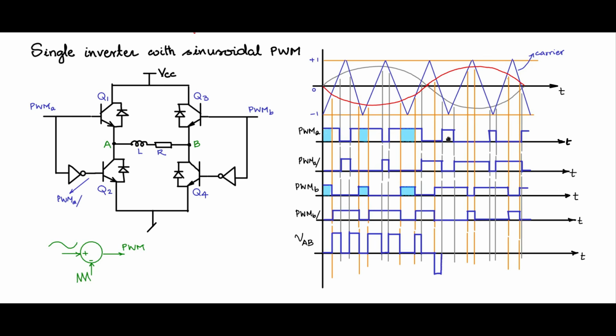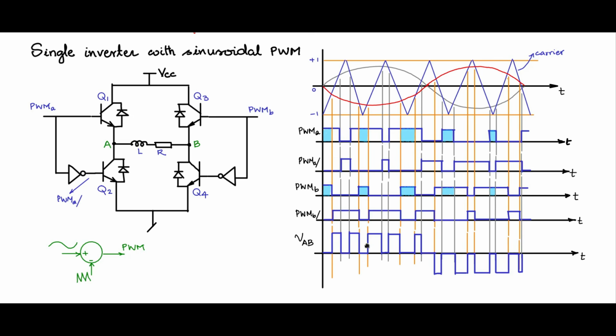And you have PWM-A and PWM-B coming in together, so 0. PWM-B is positive, PWM-A is 0, so you have negative, VAB is negative, and 0. Here again it is negative, 0, because these two cancel, negative, 0, and so on.